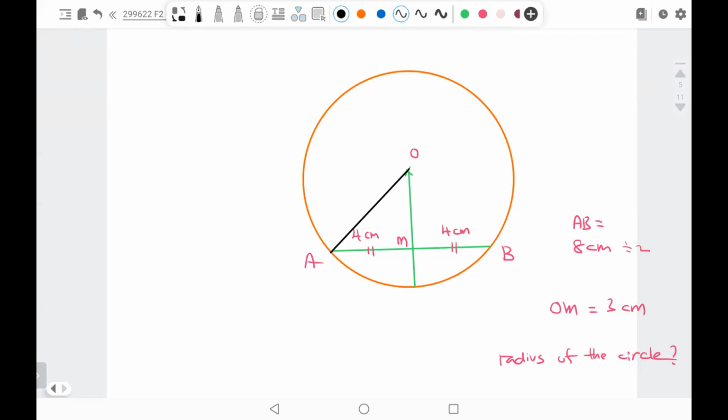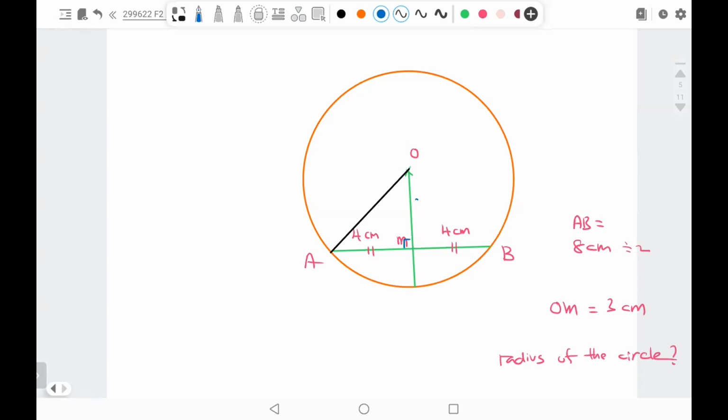So when there's perpendicular, it will form a 90 degree angle. And this goes back to the right angle triangle. OA is known as the hypotenuse, the longer side of the triangle.